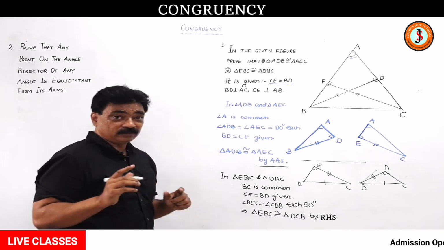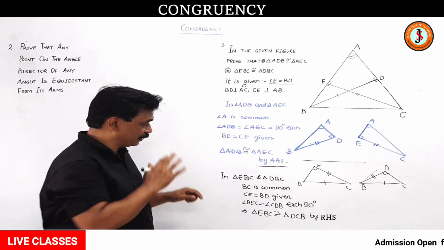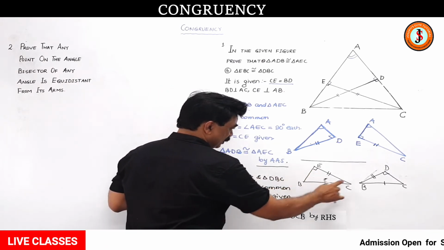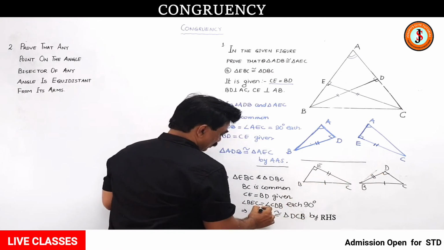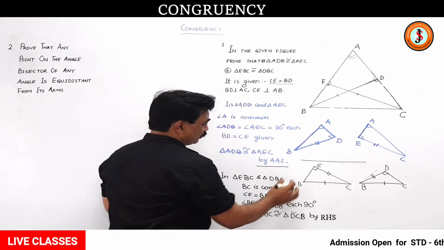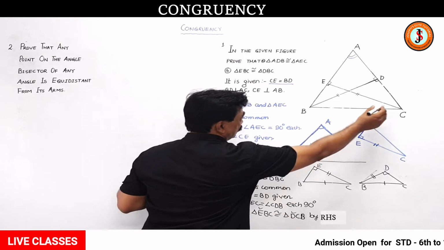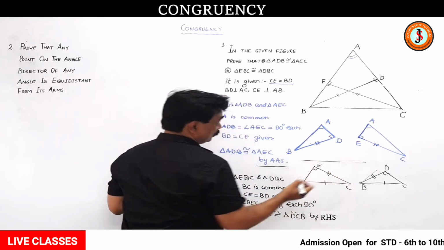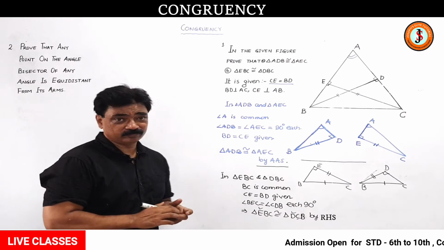Let me try to see here. I am trying to be reluctant to write straight away. E is 90, D is 90, vertex match. B over here is this angle, so C will be the other side, counterpart of it. So now it is done.